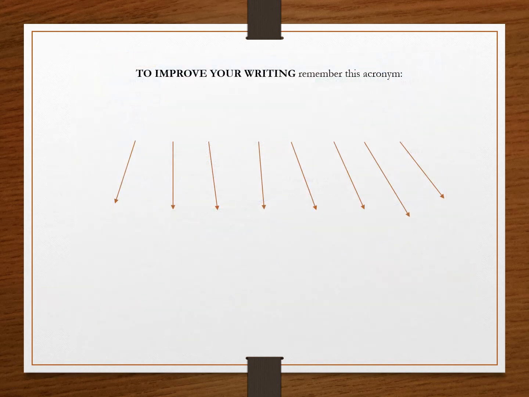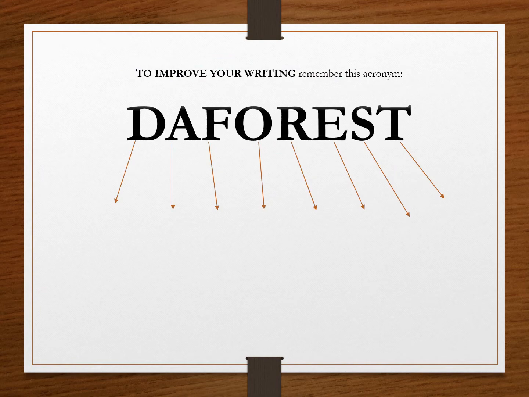Okay. Now, to improve your writing, as I mentioned before, there's this DAFOREST, which is an acronym that's very useful to remember when you are writing. Now, what does it stand for? We've got direct address for D, rule of 3 for the T, and then statistics.